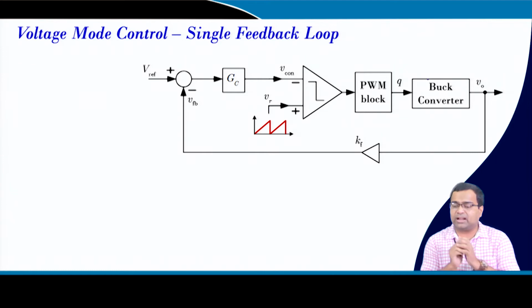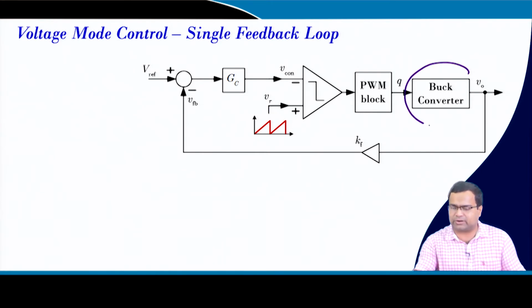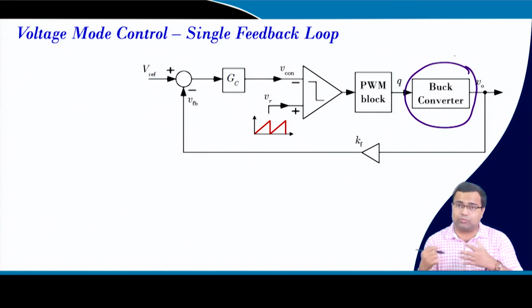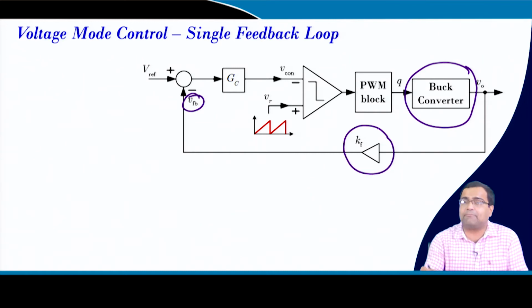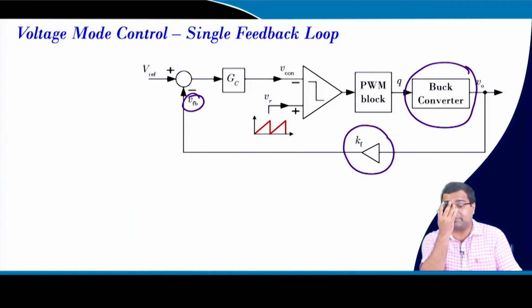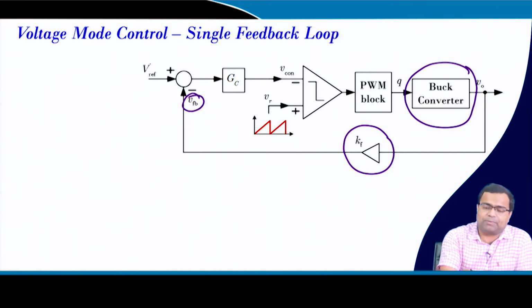So, you know that if you take any DC-DC converter, here it is a buck, but you can take a boost converter, a flyback converter, or a buck boost converter. If you take the output voltage, then this is a feedback voltage, and generally this feedback gain comes from the resistive divider, and that we have discussed. Then it is compared to the reference voltage.